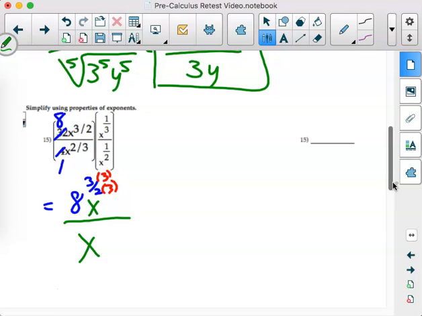I'm going to have to make that into 6, and now I'm going to skip a step here and just go directly to that by multiplying the top and the bottom by 2. And then we'd have x to the, multiply the numerator and denominator by 2, and 3 down here.